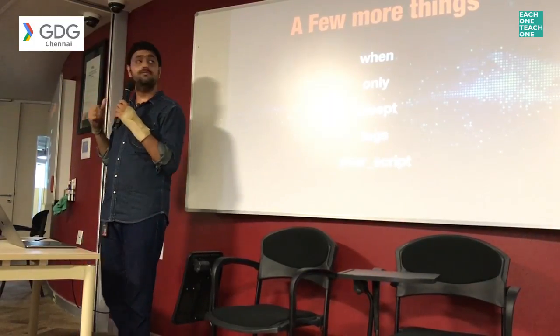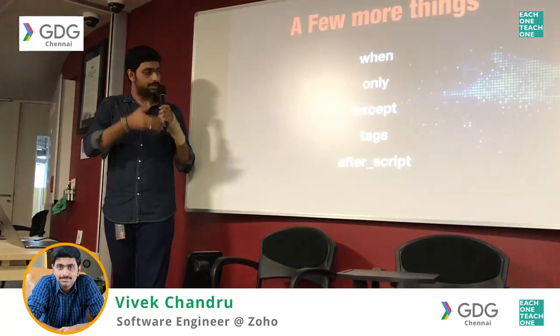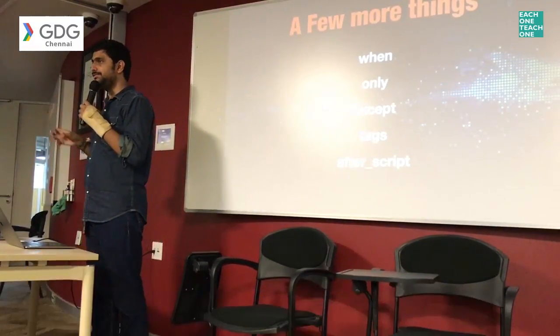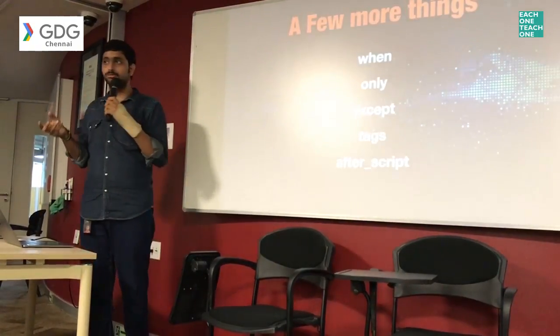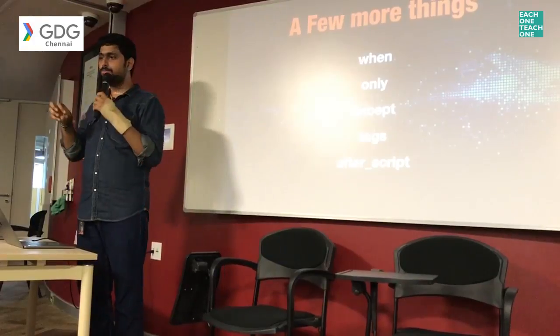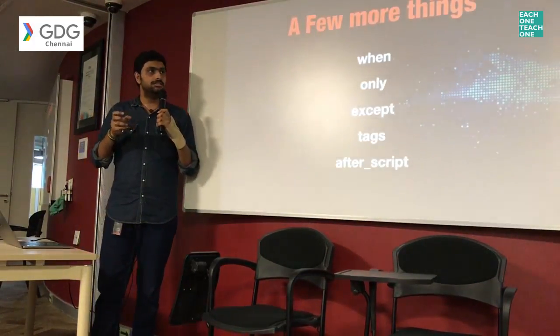So when, only and except tags can be used for specifying those kinds of things: when manually, or only on the master branch, except on the master branch, or only jobs which have a tag, so and so.